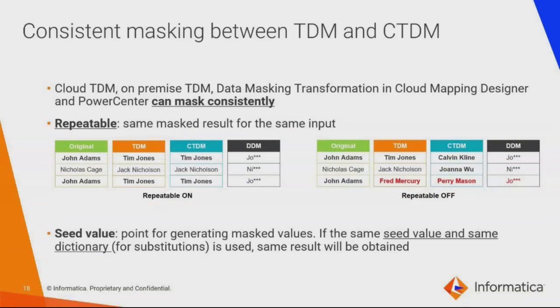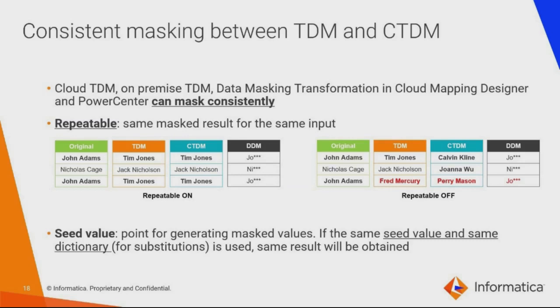So we have seen two tools from where we can apply this masking so far. One is the Informatica Cloud Test Data Management, and the immediately previous slide that we discussed is utilizing the data masking transformation in Cloud Mapping Designer.